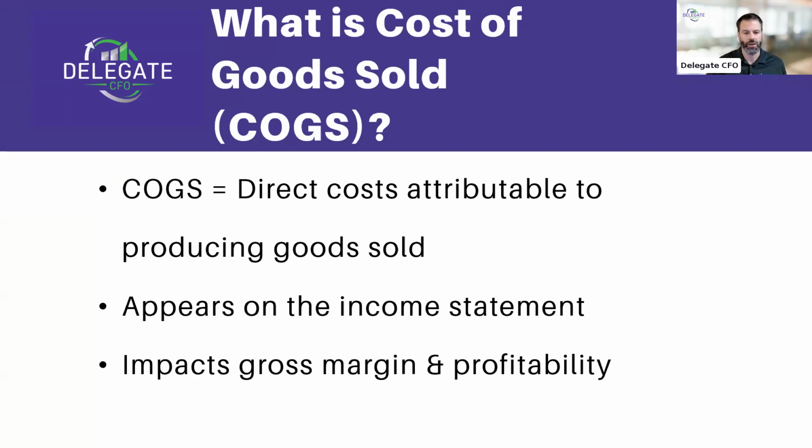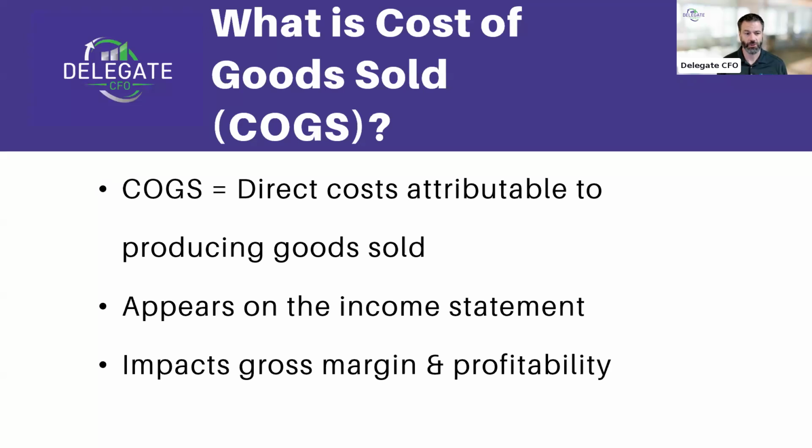It's important to note that cost of goods sold significantly impacts your gross margin and your profitability. If you recall last week in our gross margin webinar, the formula for gross margin is revenue minus cost of goods sold equals gross margin.